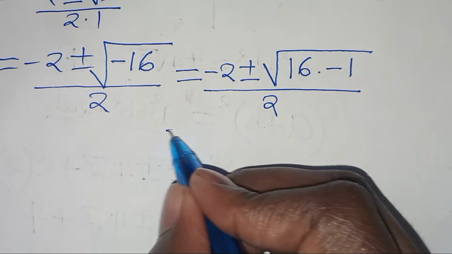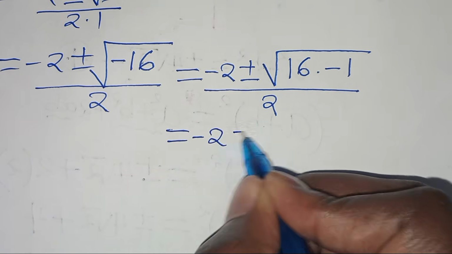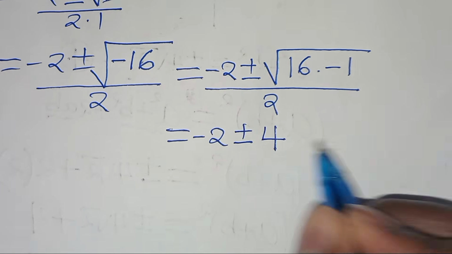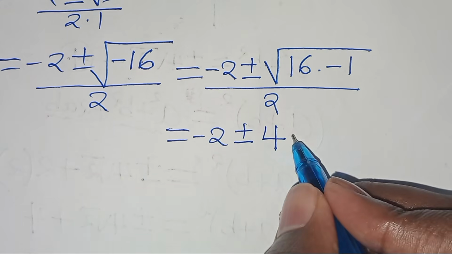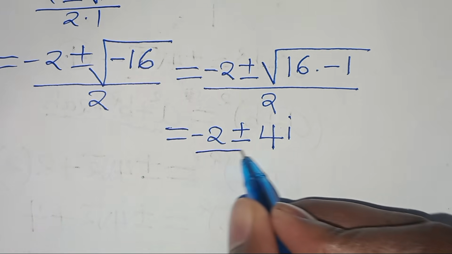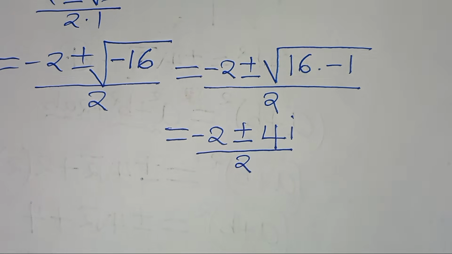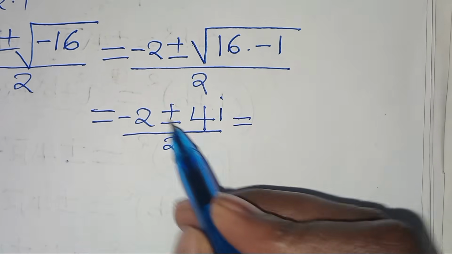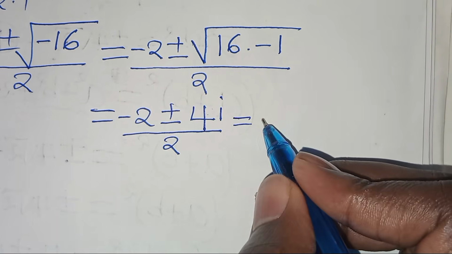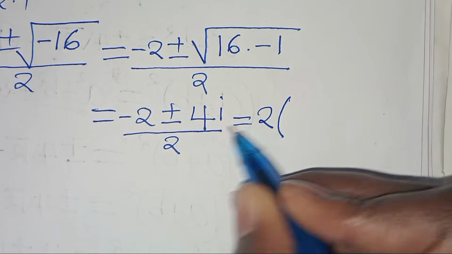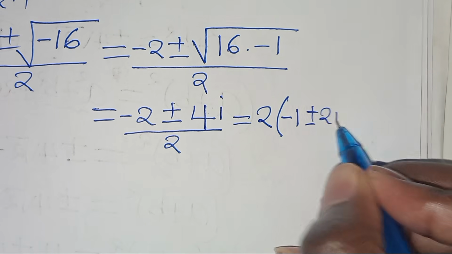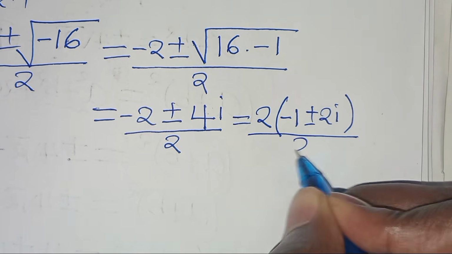So the next step, this is minus 2 plus or minus the square root of 16, this is 4, the square root of minus 1, this is i, then everything divided by 2. The next step is that 2 is common in the numerator, so we can factor out 2, so that now we have minus 1 plus or minus 2i, everything divided by 2.